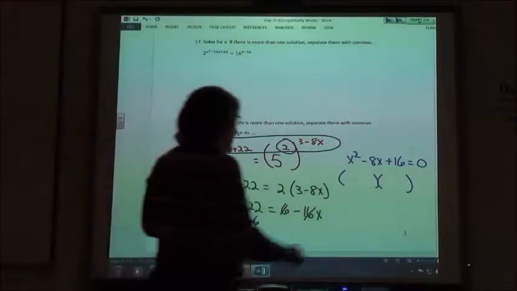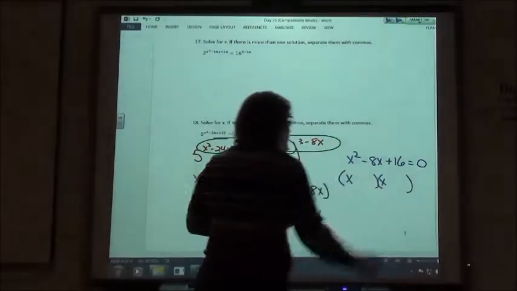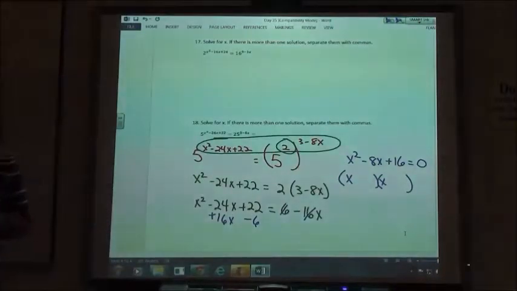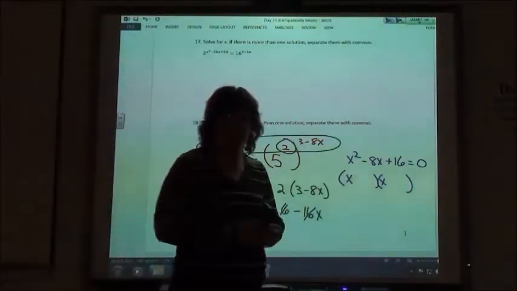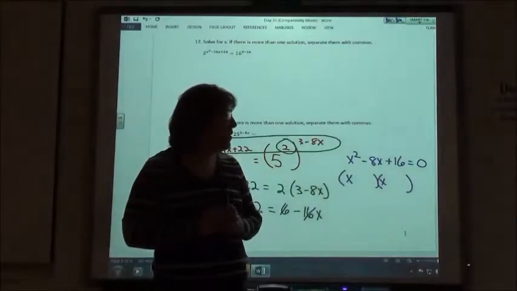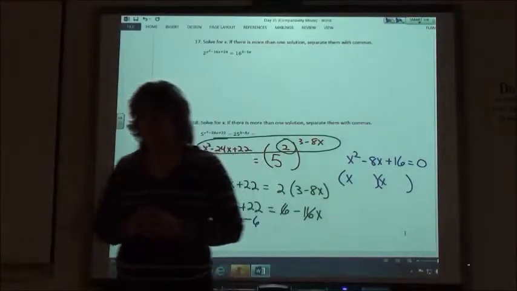x squared minus 8x plus 16 equals 0. So x minus, x plus, and x. Well, what are my signs going to be? Negative and positive?